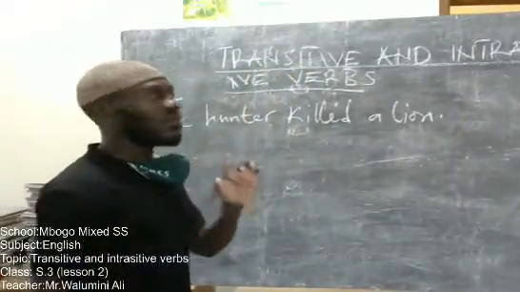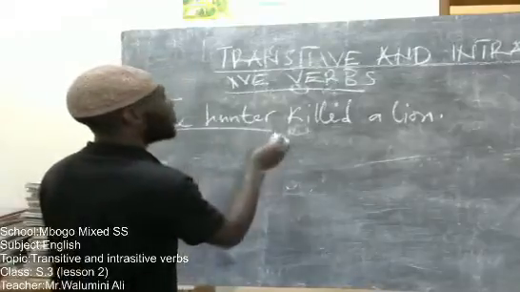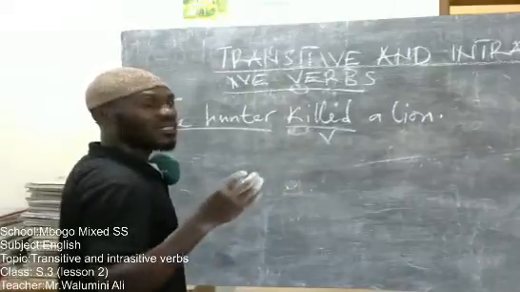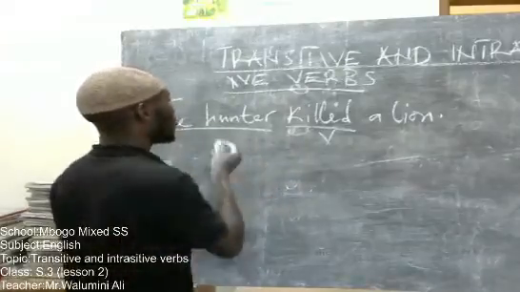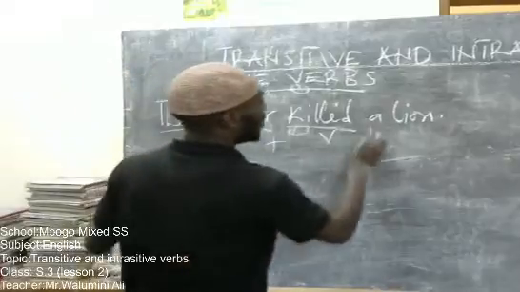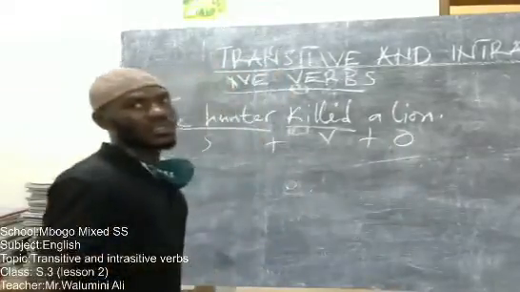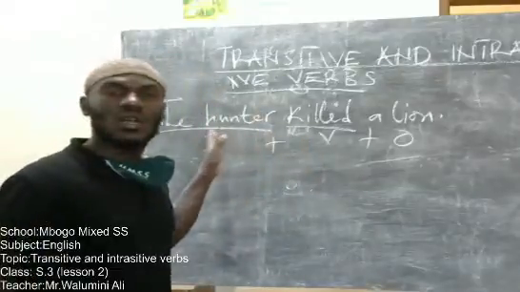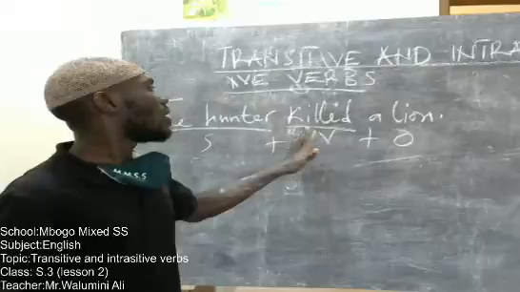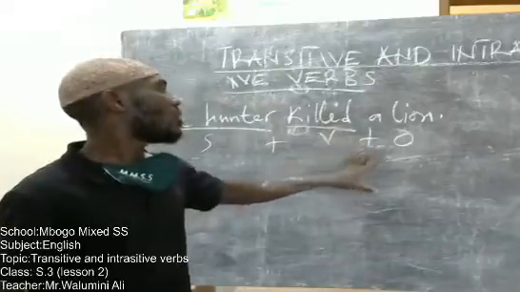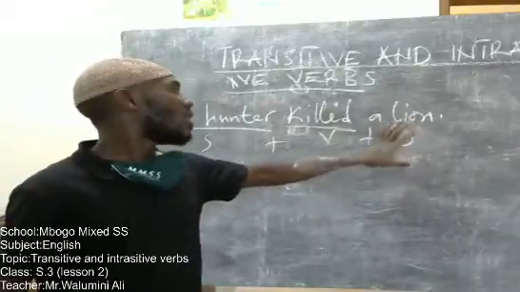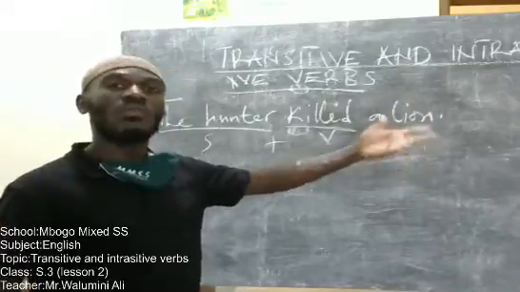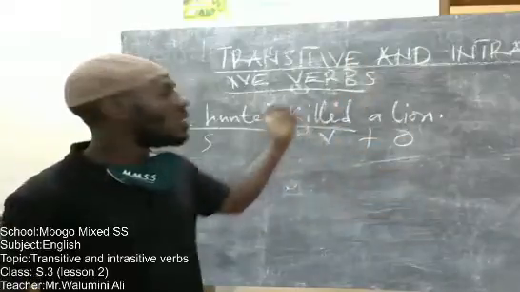So, remember very well, we talked about the subject, and then of course the verb, which retains its position, and then the object, which is the sufferer. Just to jog your mind, remember we talked about the subject as the doer of the action, the verb as the action itself, and the object, the lion, as the sufferer, or the one who is affected by the action.